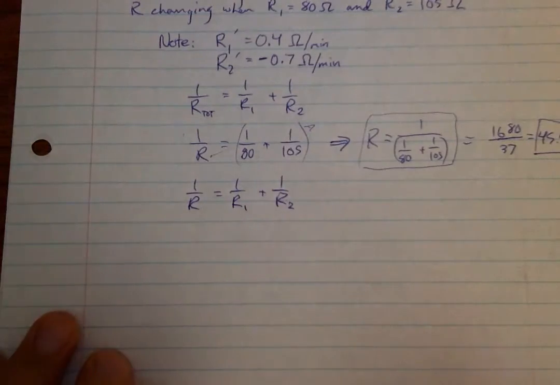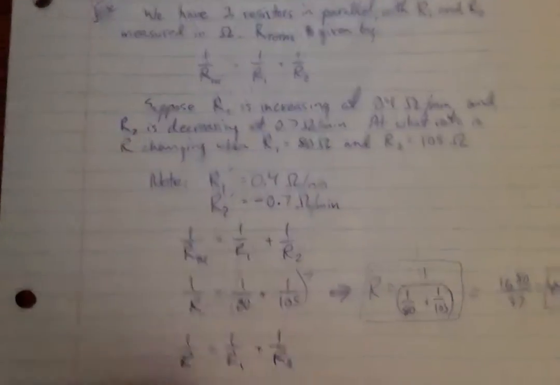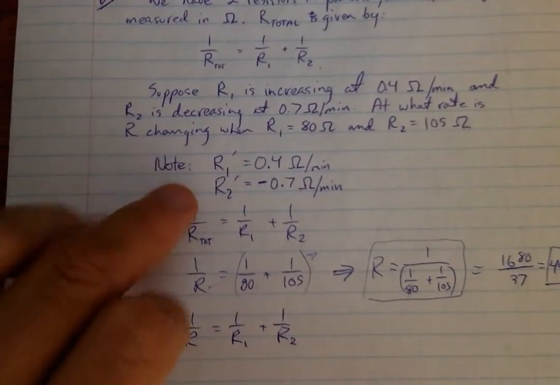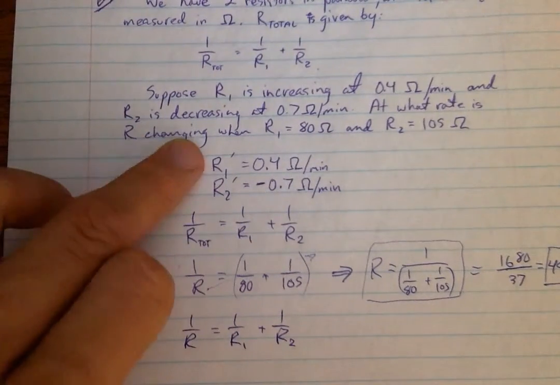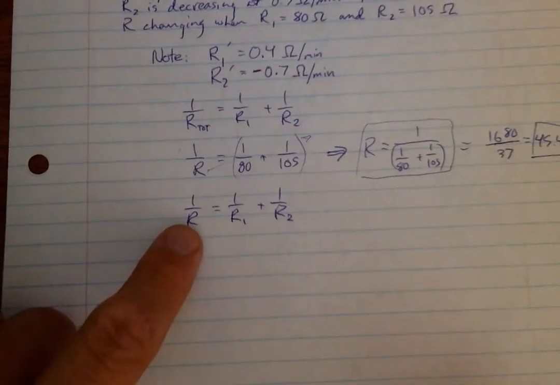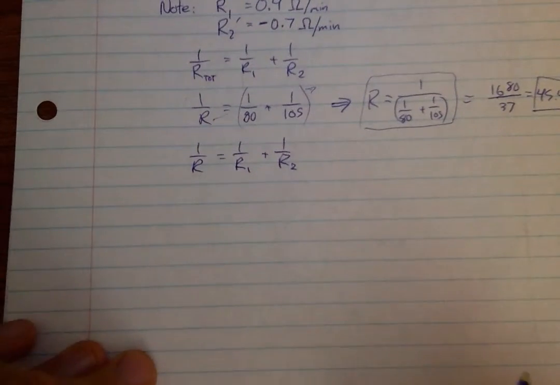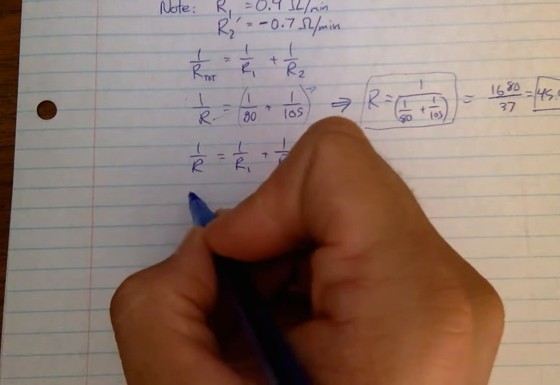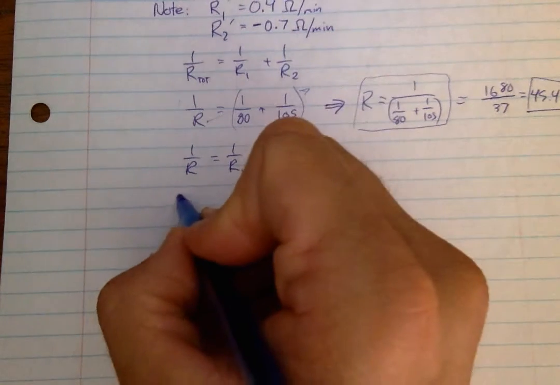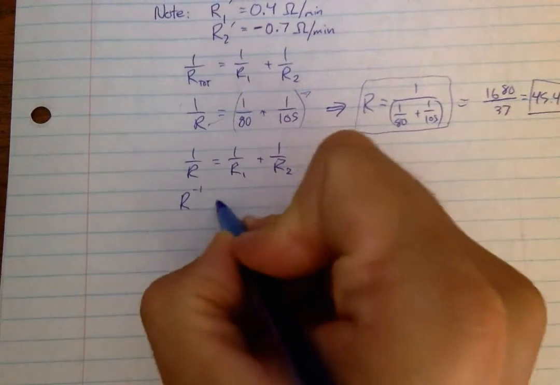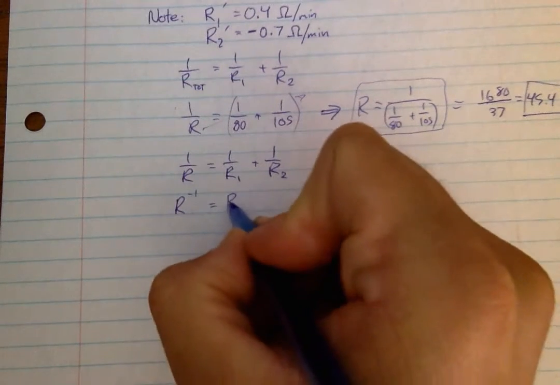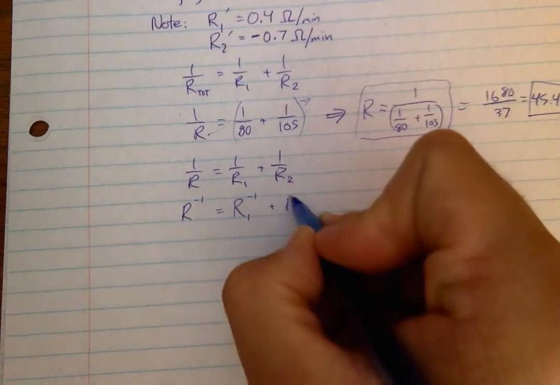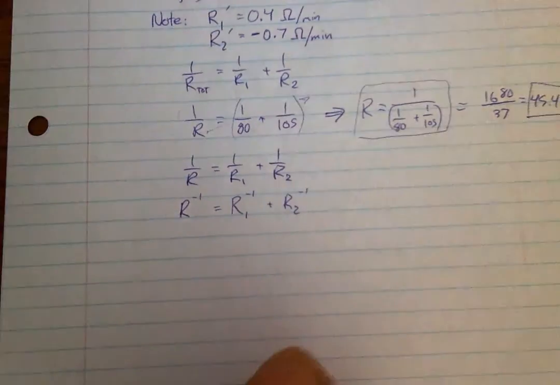So even though you may be completely uncomfortable with electronics, you still can see that they're asking for the rate that R is changing. So you're trying to find the rate at which R is changing, which is just a derivative. Now, this is R to the negative 1, right? And that's R1 to the negative 1, and that's R2 to the negative 1.